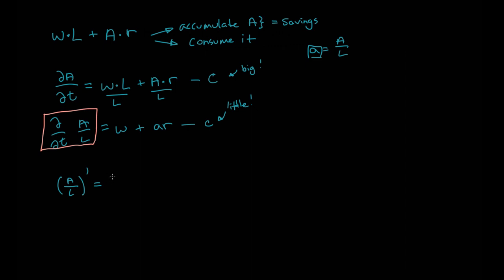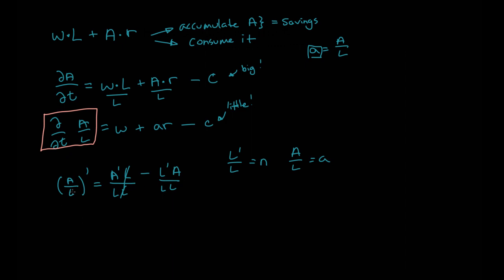I think of it like shaking the bag. So we take the derivative of the top times the bottom minus the derivative of the bottom times the top. And that's going to be all over the bottom squared. And we'll just split the fraction. So these L's cancel. And this, we know L prime over L equals N, the population growth rate, and A over L equals little a.